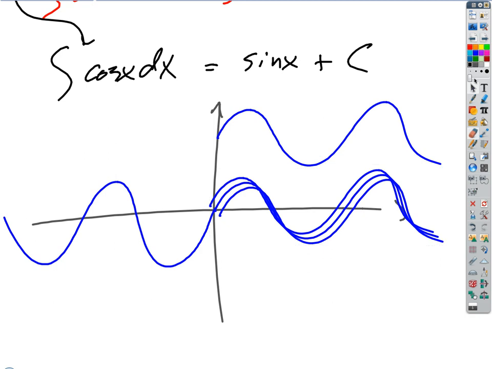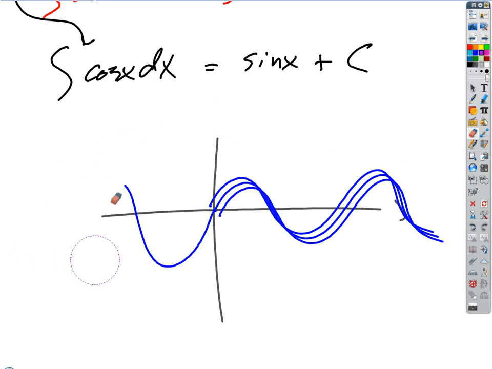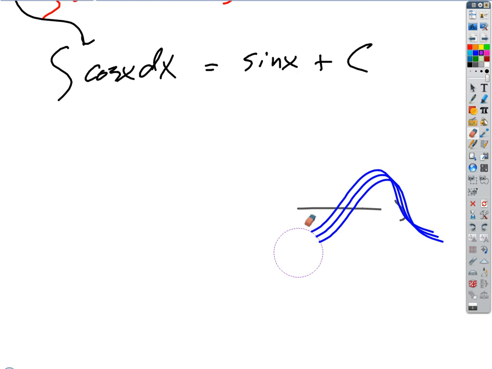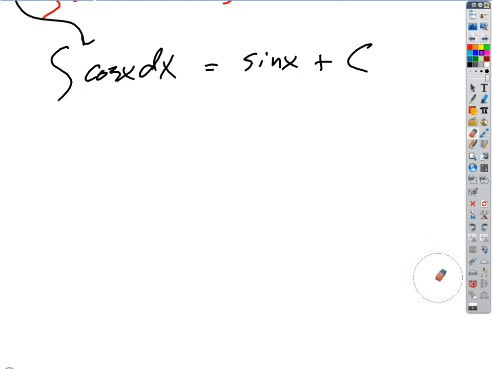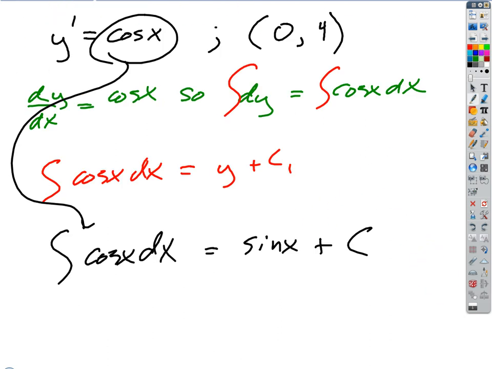So now, how do we find the one that meets our initial condition? If we look back up at the top, we know that ours has to be the one trajectory that goes through that point, right?